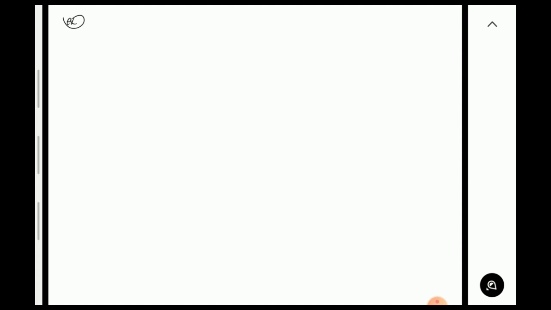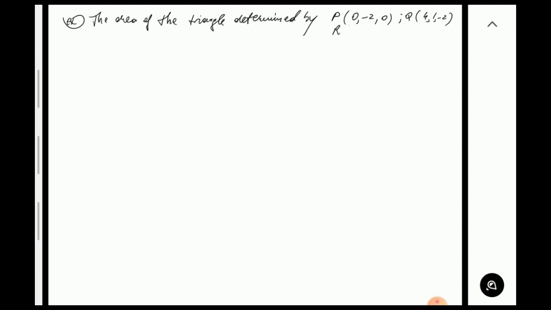Let's suppose we want to find the area of the triangle determined by the points P of coordinates (0, -2, 0), Q of coordinates (4, 1, -2), and R of coordinates (5, 3, 1).